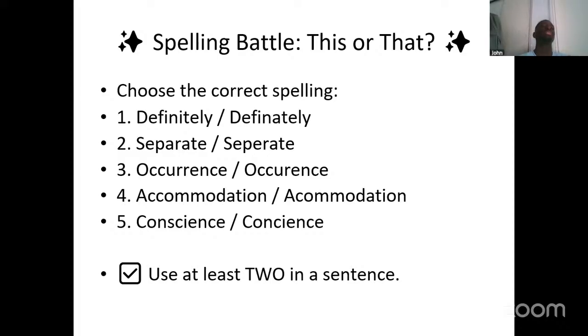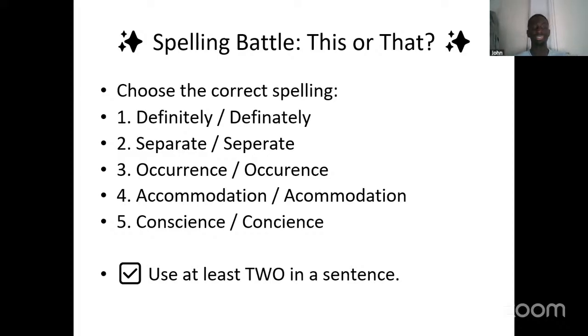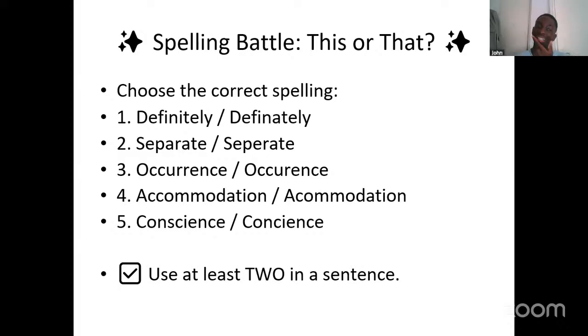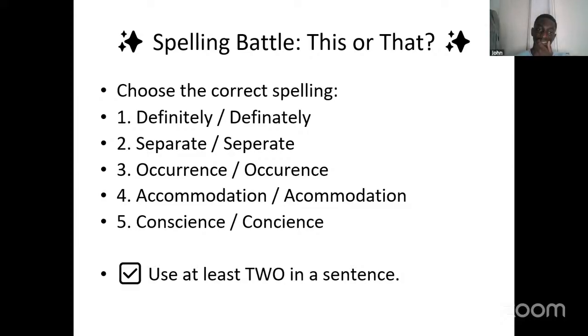Number one is the first one. Okay. Number two. No, actually, number one is the second one. Okay. Number two is also the second one. Okay. Number three. It's the second one.